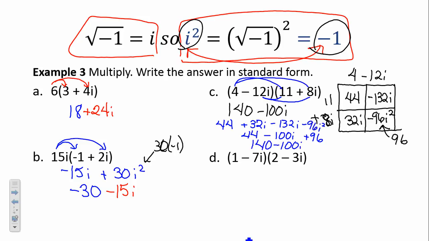All right, so last one on this slide. 1 minus 7i is our first complex number, and 2 minus 3i.